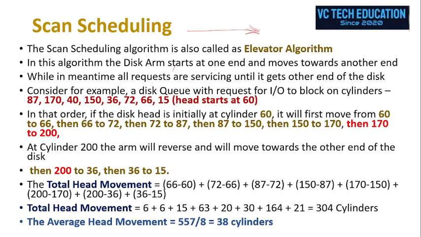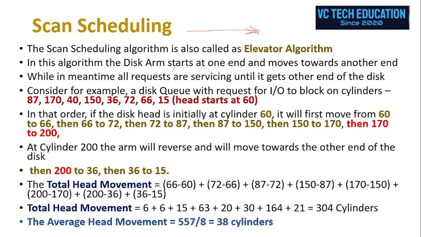In that order, if the disk head is initially at cylinder 60, it will first move from 60 to 66, then 66 to 72, then 72 to 87, then 87 to 150, then 150 to 170, then 170 to 200. At cylinder 200, the arm will reverse and move towards the other end of the disk. Then 200 to 36 and 36 to 15.